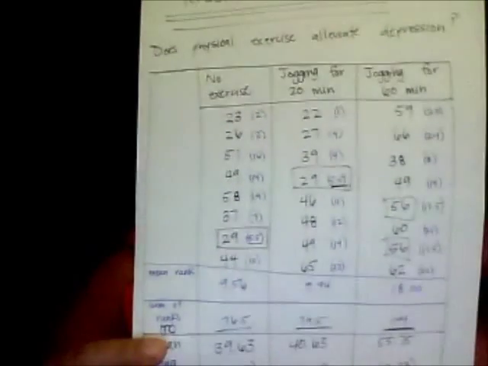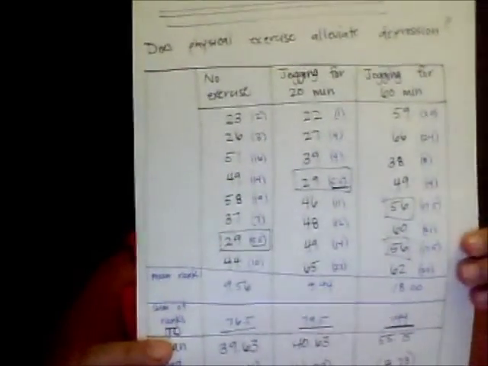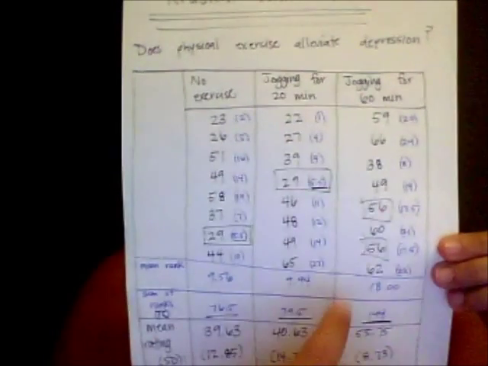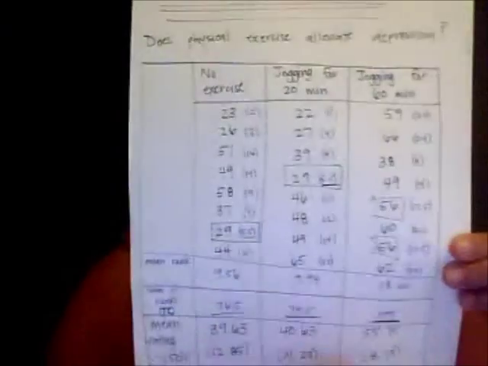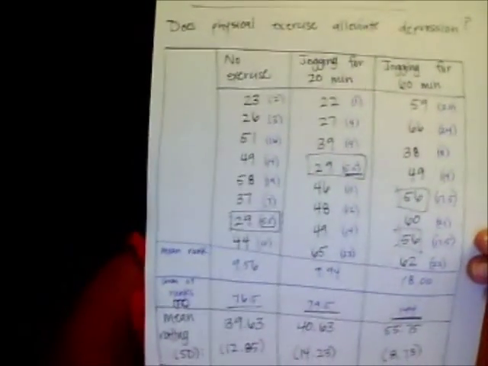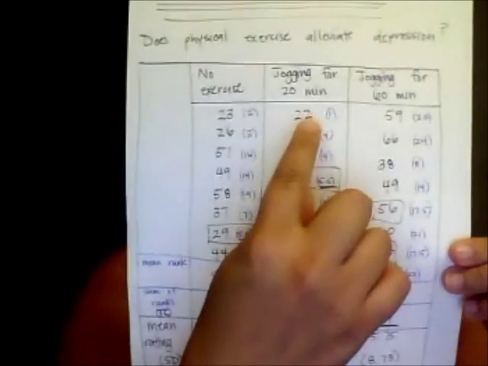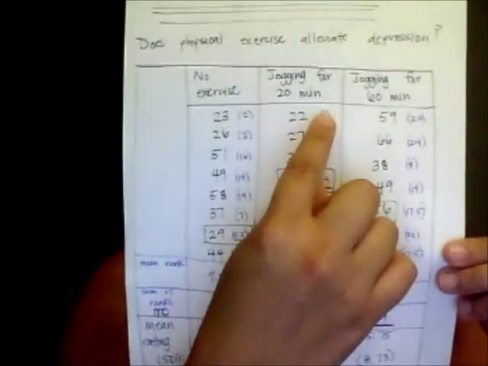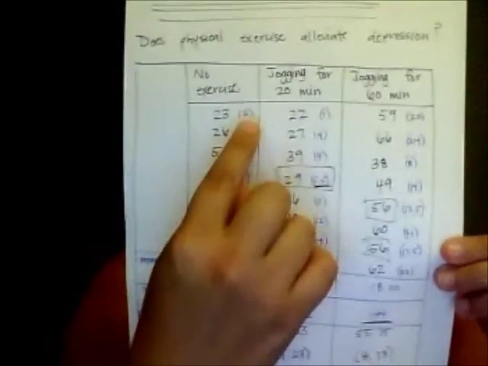The first thing we had to do was rank all of these scores, ignoring which group they belong to. We put them all together and rank them. So that's what I've done here in the blue. The lowest score gets the lowest rank. So 22 was the lowest score, so it got a rank of 1. Moving on up, 23 got 2.